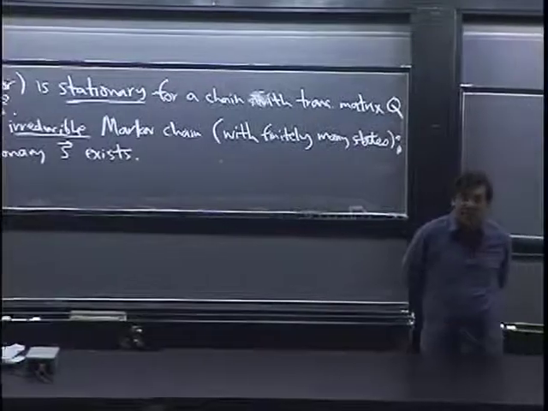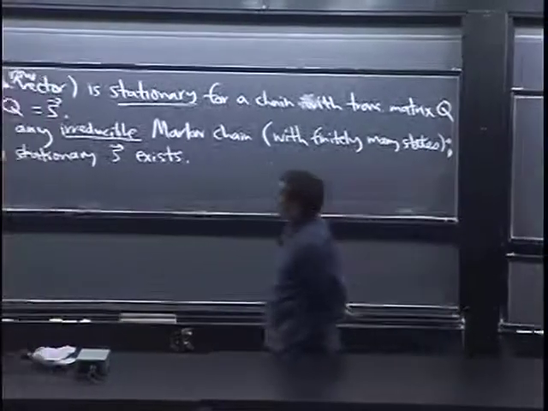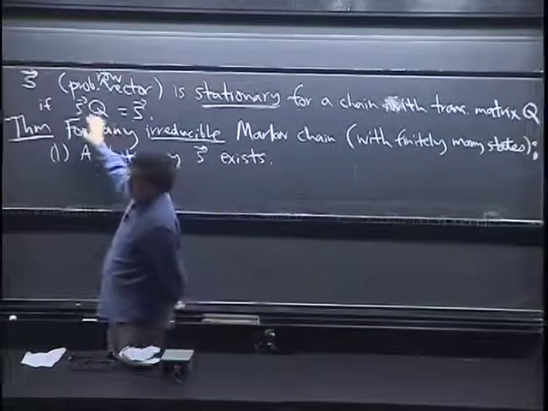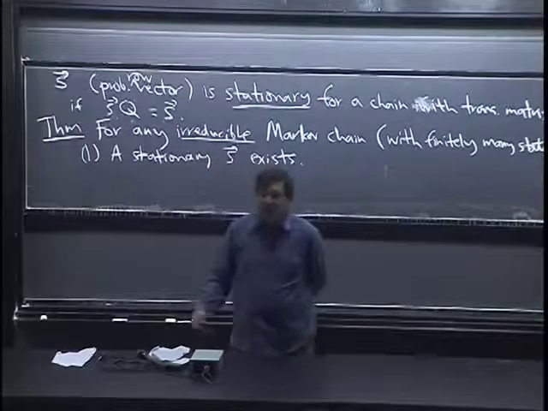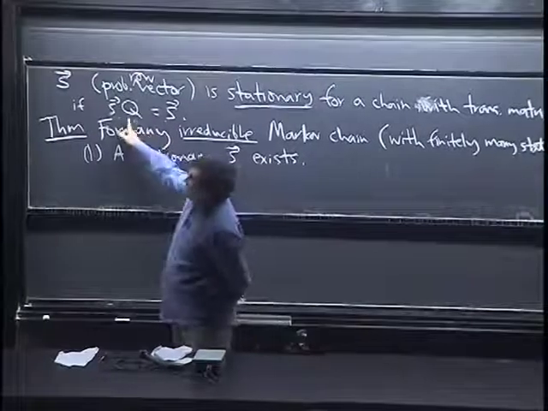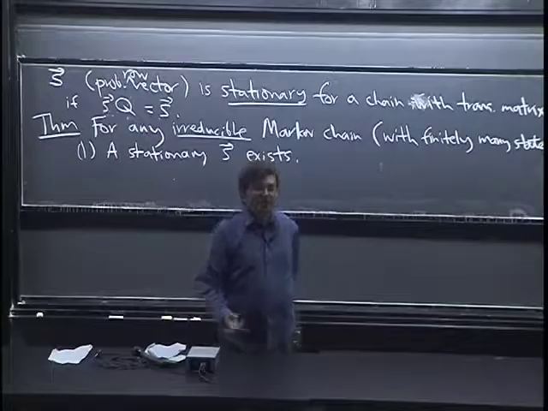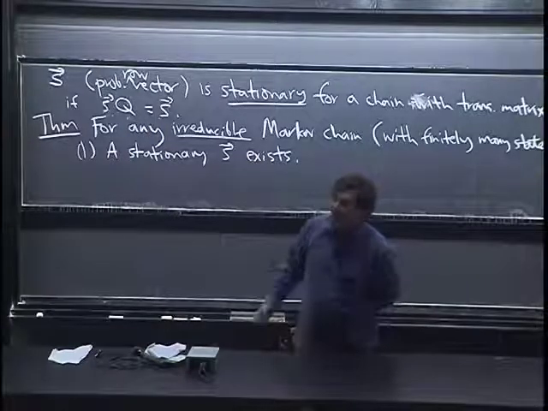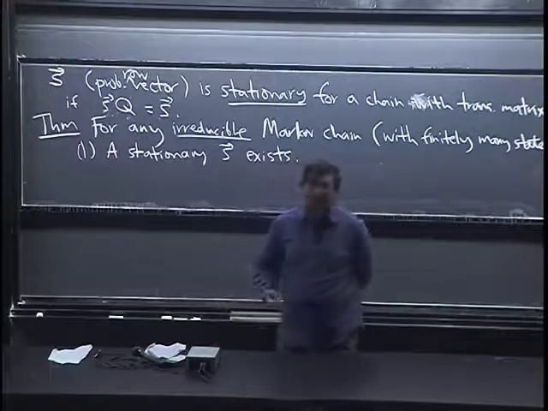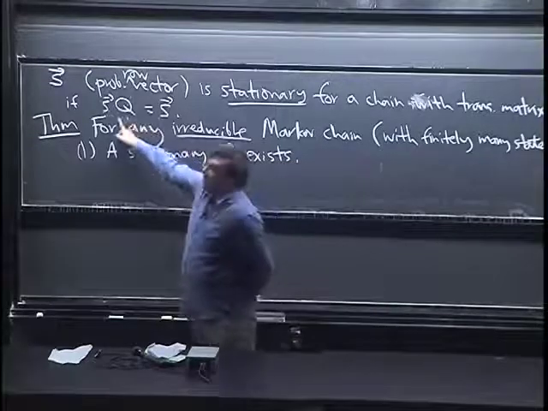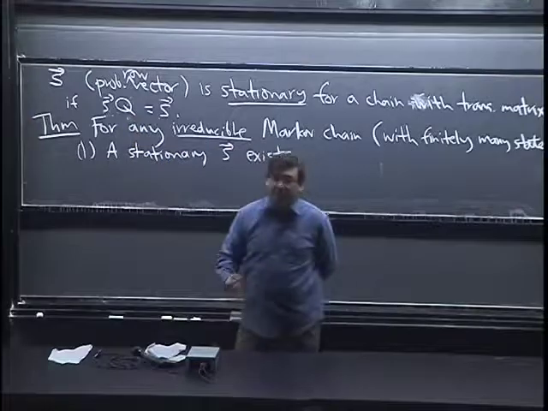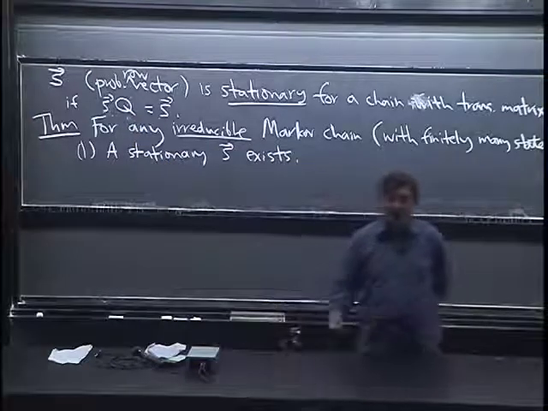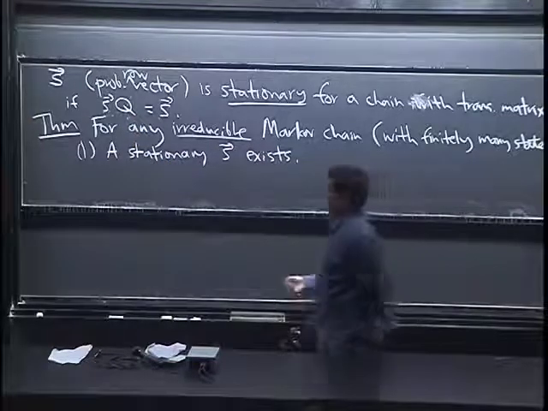A stationary distribution exists. That's always true. So you can solve this system. In particular, if you got a solution that had some positive elements and some negative elements, that would be bad, right? But if everything is positive, or if everything is negative, then you could just renormalize it so that the entries are non-negative and add up to 1. And you can always do that.